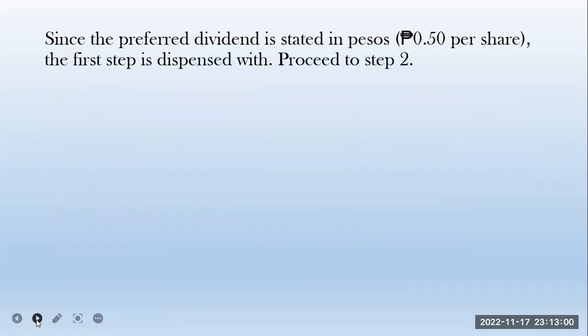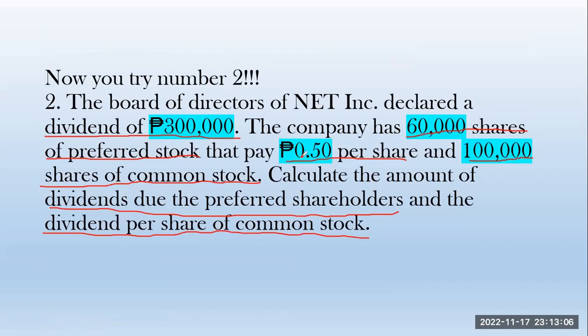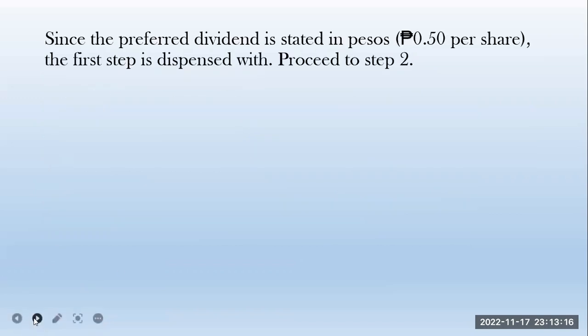Now, since the preferred dividend is stated in pesos, di ba given na dun sa problem, ayan, the dividend per share is 0.50 and naka peso sign siya. In pesos siya. So, we have 0.50 pesos per share. The first step is dispense with. So, magpo-proceed na tayo into step 2.